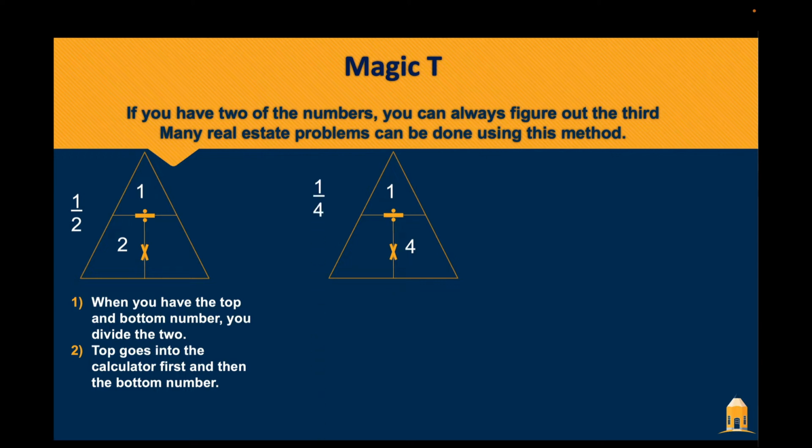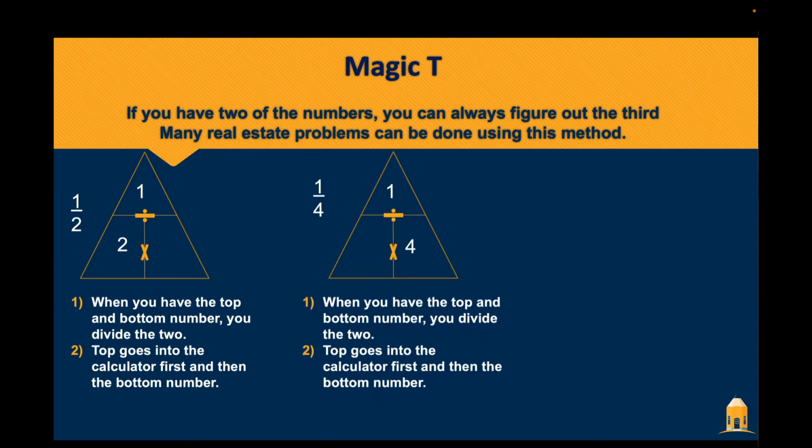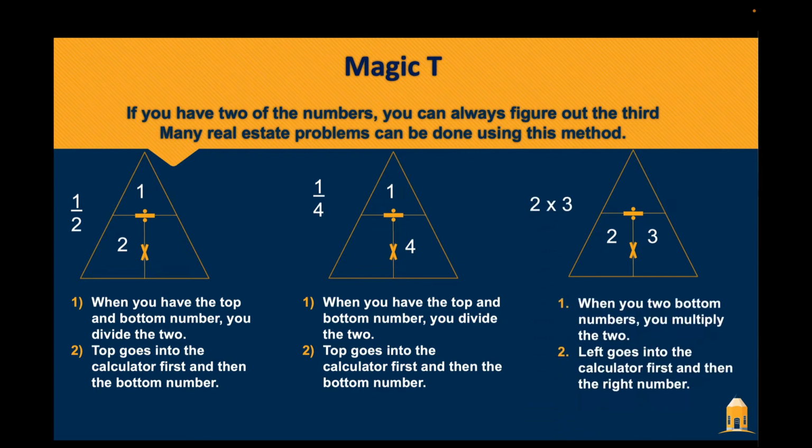So you're going to put the top in the calculator first, divided by the 4, and that will give you the answer. So 1/4 is going to give you the bottom left. But what about if you get two numbers on the bottom? If you have two numbers on the bottom, you simply multiply those, and they will give you the top number.